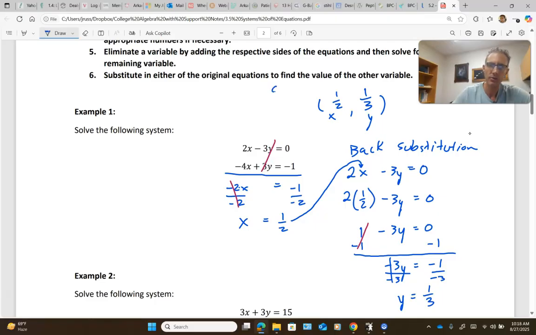And so this right here, this ordered pair, this is the solution to this system right here. It's only these values for x and y that'll make both of these equations true, or in other words, solve that system. See guys, that's how a system of equations works. Typically, one variable will represent something, the other variable will represent something else.